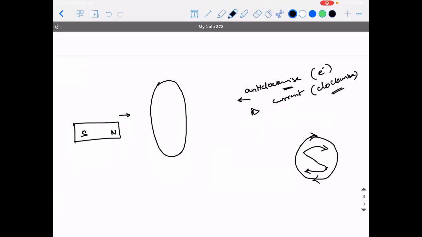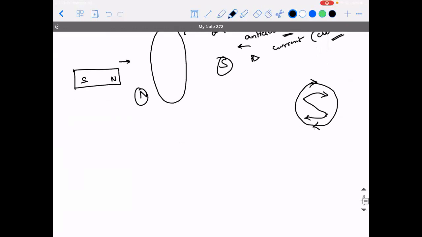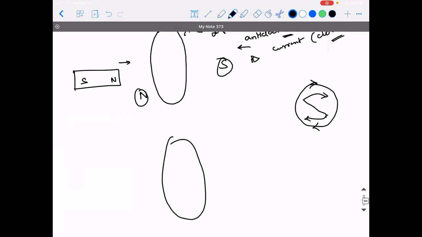So the side which you're seeing is the south pole, and the other side is going to be like a north pole. What I'm trying to say is this current carrying loop will act like a magnetic dipole. You know this fact, right? When it is acting like a magnetic dipole, this side was north pole and this side was south pole, right?